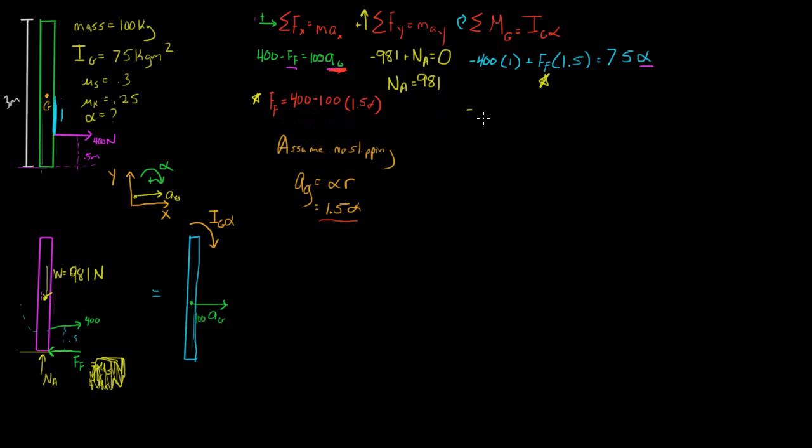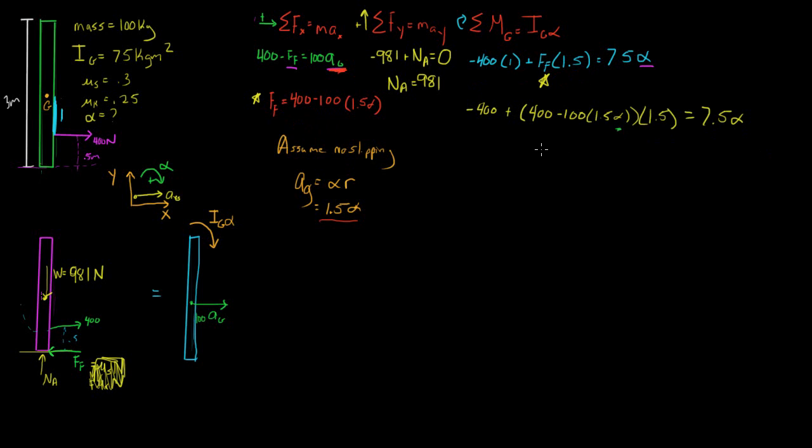And when we do that, minus 400 plus this 400 minus 100 times 1.5 alpha, times this 1.5. So I just substituted in my frictional force right here, is equal to 7.5 alpha. And now we have one equation just in terms of our angular acceleration.